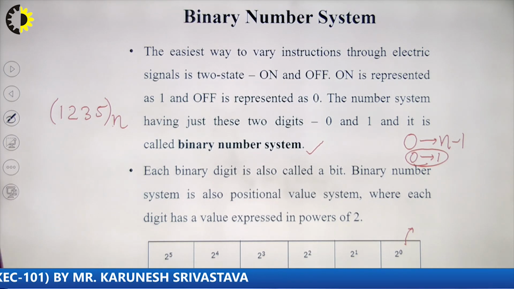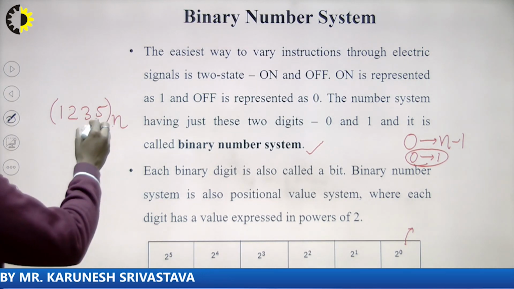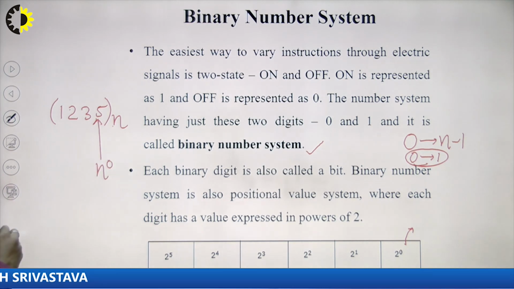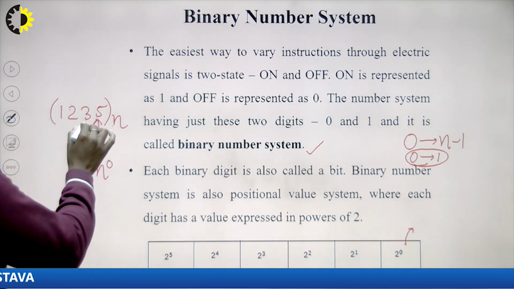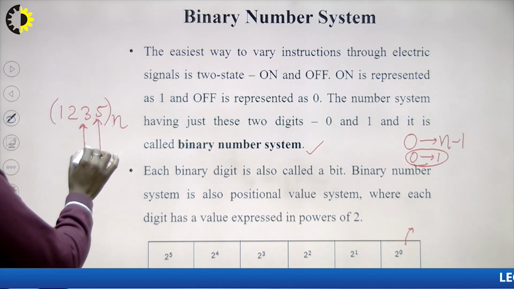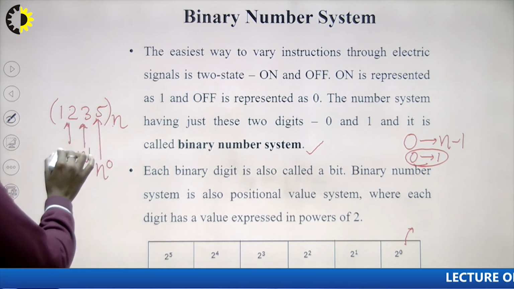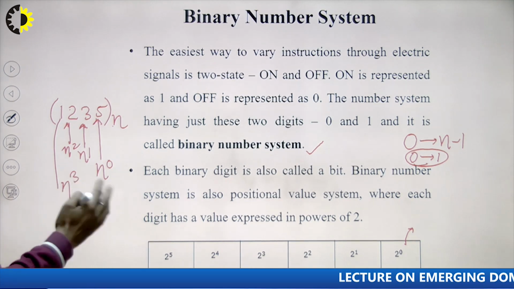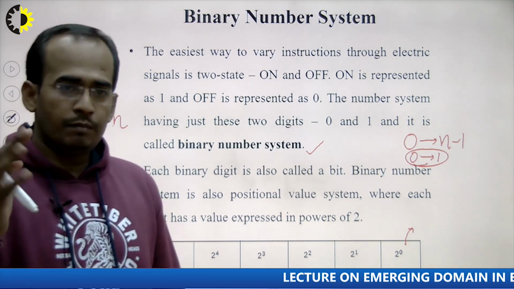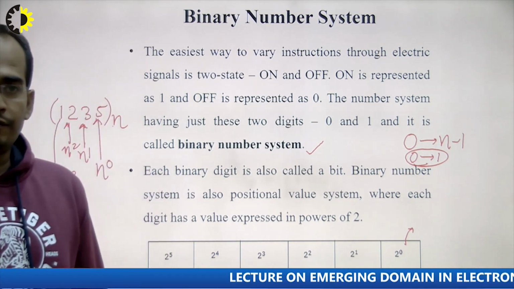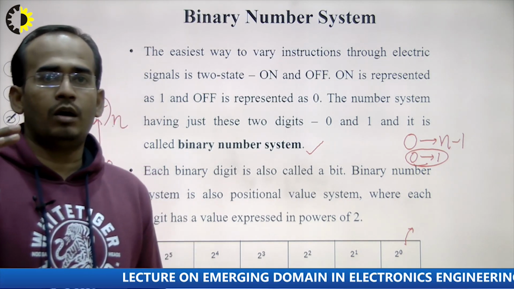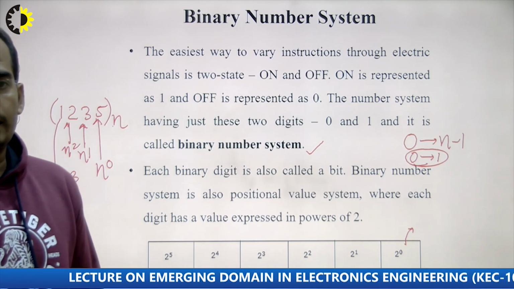What will be the position weights? The weight of the digit 5 is n to the power 0, the next is n to the power 1, the weight of 2 is n to the power 2 and the weight of 1 is n to the power 3. Whatever the base you are using in any number system, the weight of the digit will be decided by the base of the number system used.